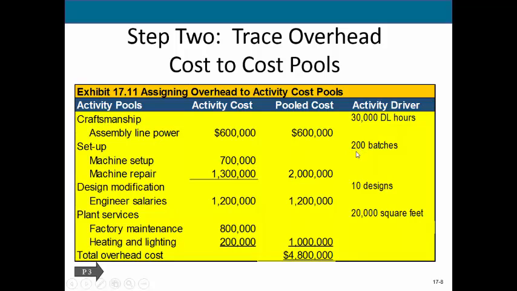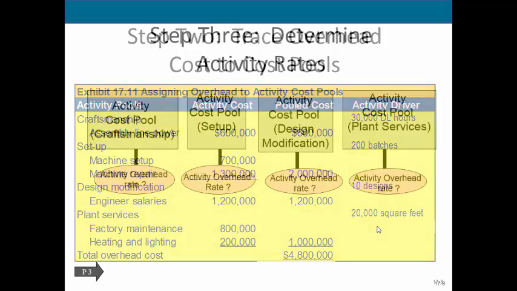Then we have batches. The number of batches are going to be the driver for our setups. The number of designs are what drives the design modification activity. And then finally, we're going to use square footage to be the driver for our plant services cost pool.